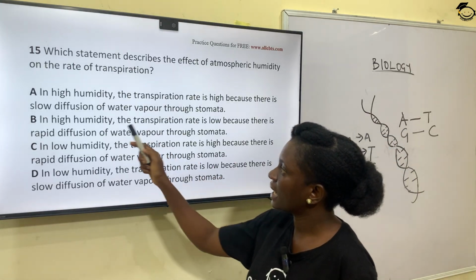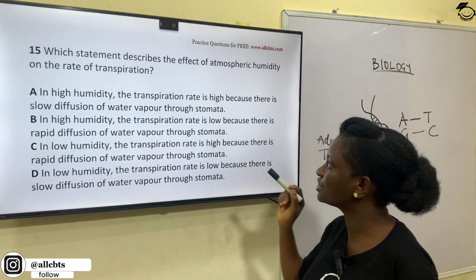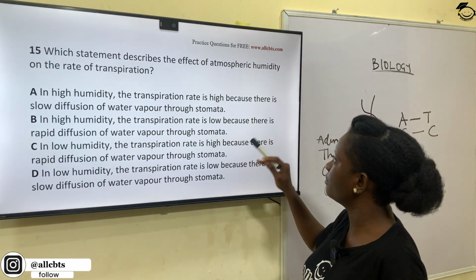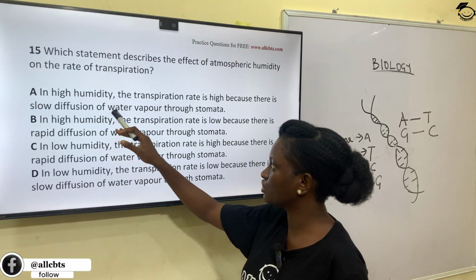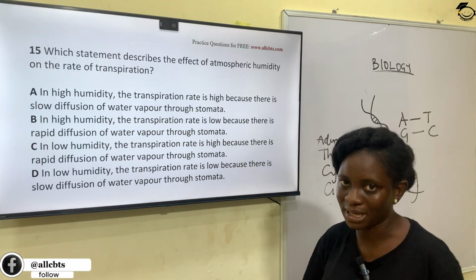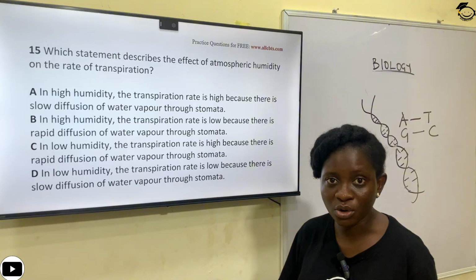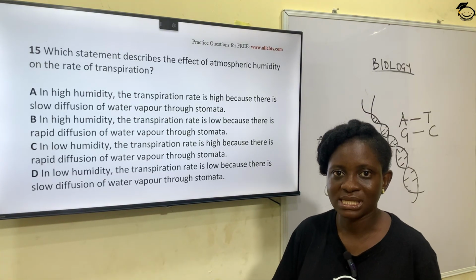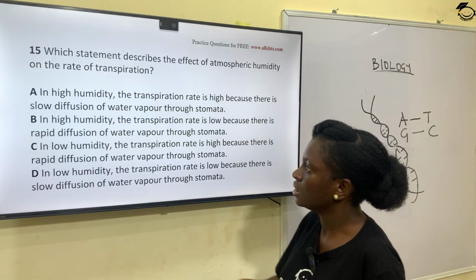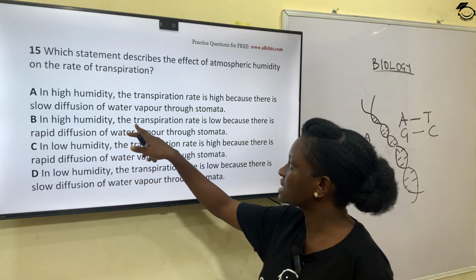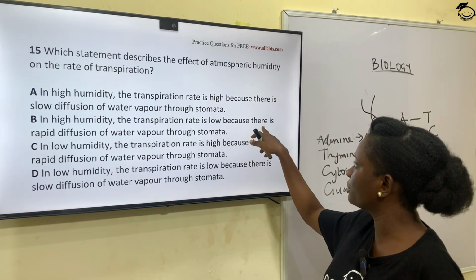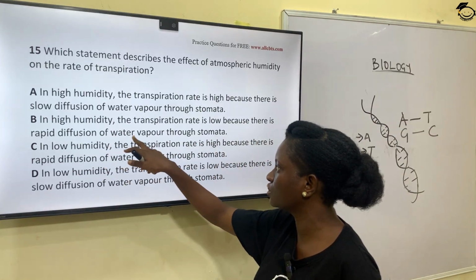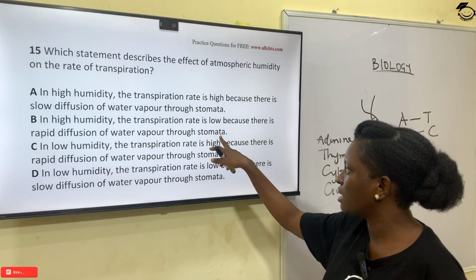So A, in high humidity, the transpiration rate is high because there is slow diffusion of water vapor through stomata. The tiny pores in leaves are known as the stomata, and that's where water vapor is lost. B, in high humidity, the transpiration rate is low because there is rapid diffusion of water vapor through stomata.